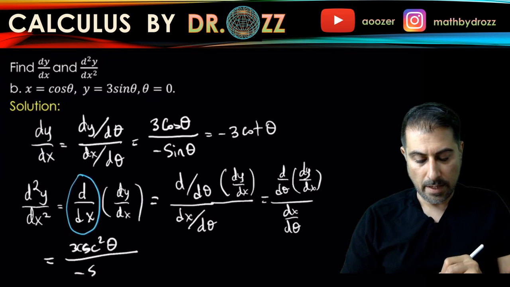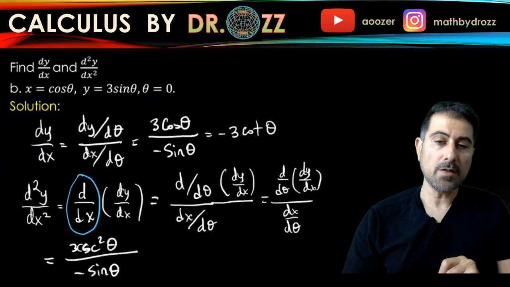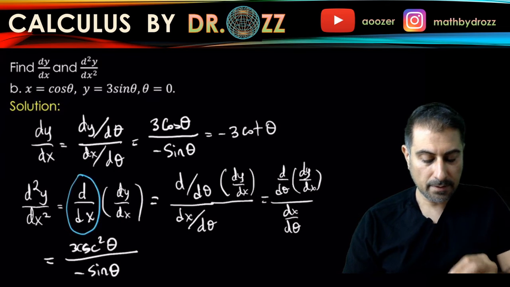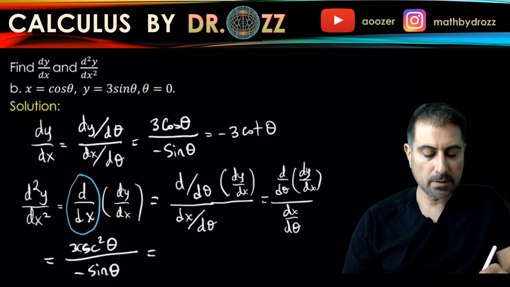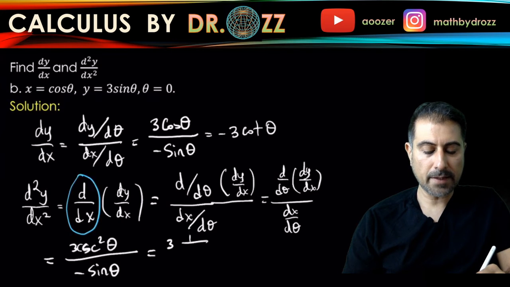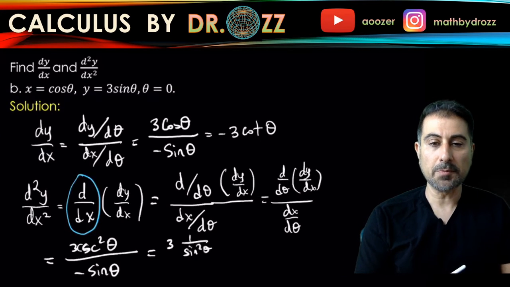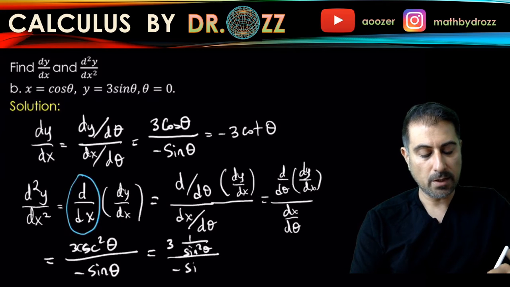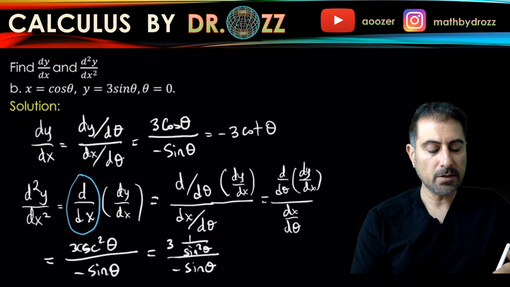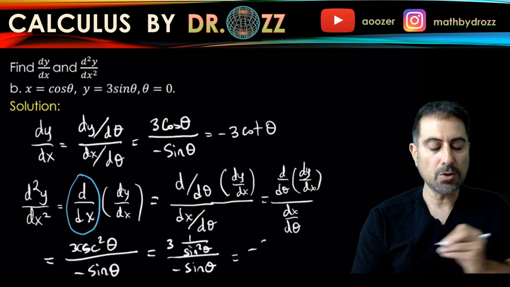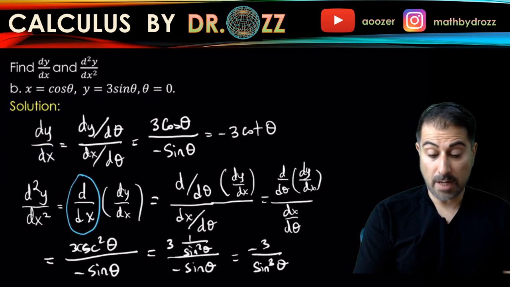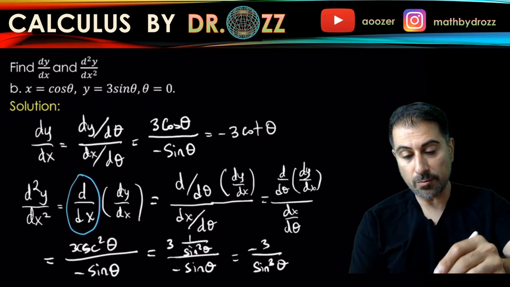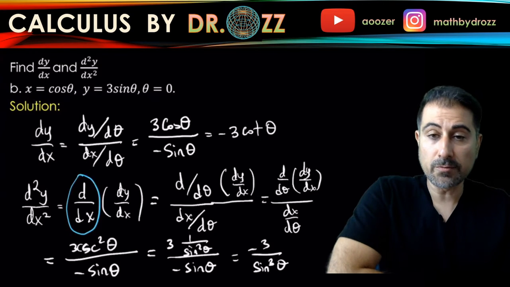Okay? And cosecant is 1 over sine theta. So 1 over sine squared theta divided by negative sine theta. If you simplify that further, you will have negative 3 divided by sine cubed theta. Okay, so now we have both dy over dx and d squared y over dx squared.